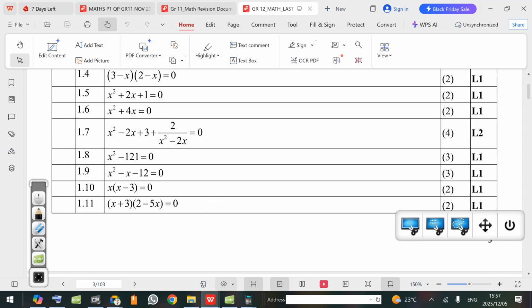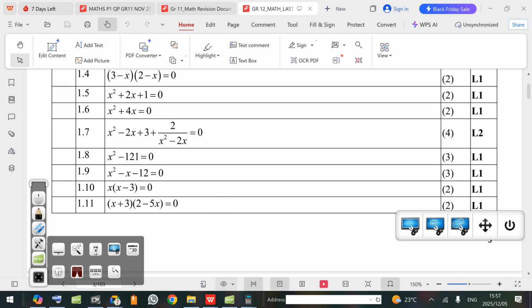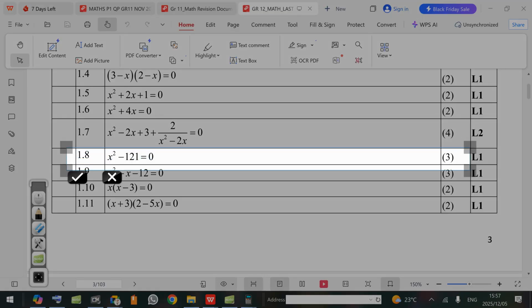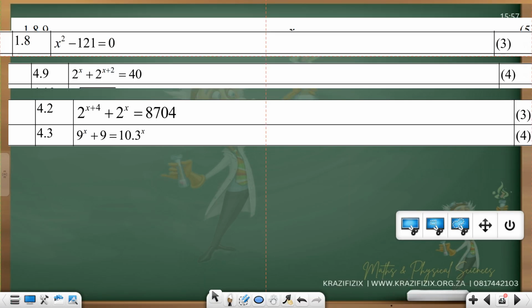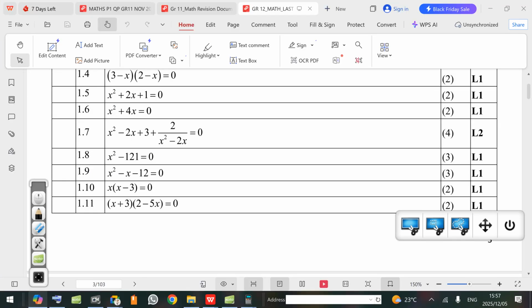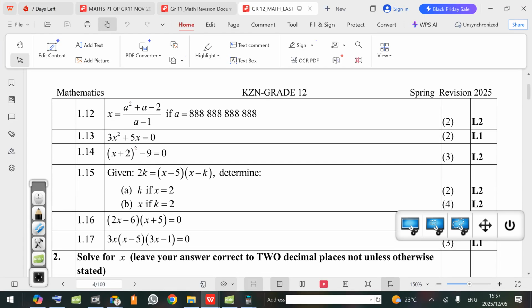Yep. I have 1.8. I want to see how you would tackle this. And 2 more, 1.14.